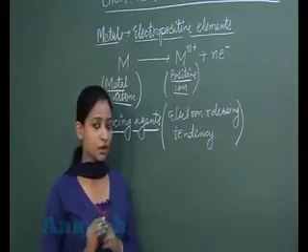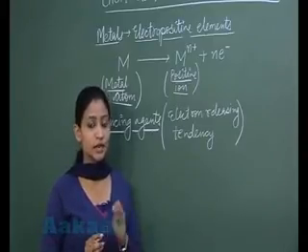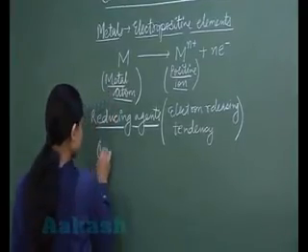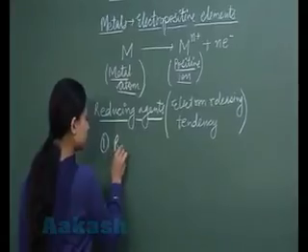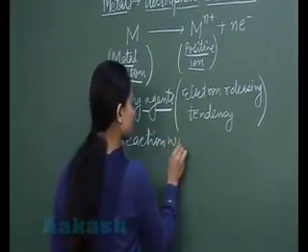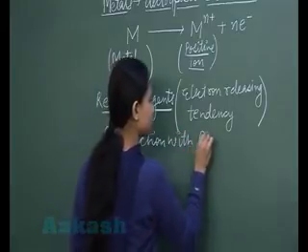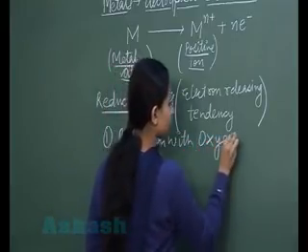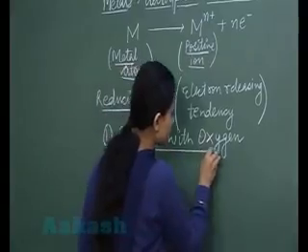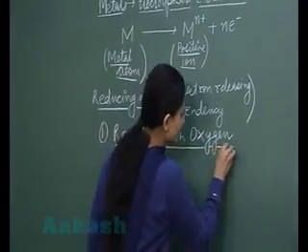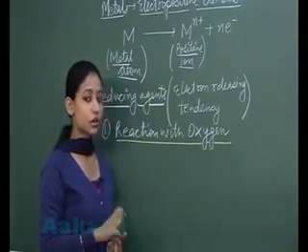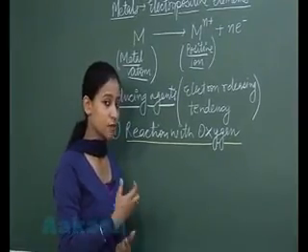So the first chemical property which we are going to study is the reaction with oxygen. Students, the rate with which different metals combine with oxygen is different. Metals combine with oxygen to give oxides, which are known as metal oxides.